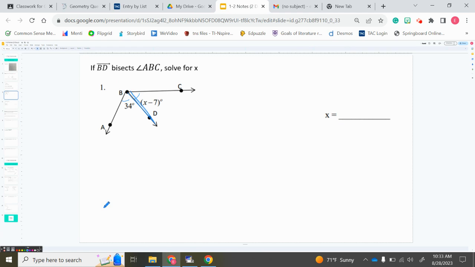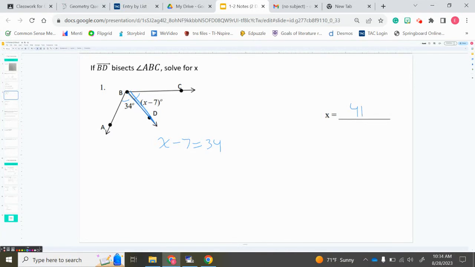Begins with an E. Yeah, they're equal. So I'm just going to set them equal to each other. Someone tell me, what does x equal after you solve? Okay. 41 degrees, yep. Or 41. x is just equal to 41.